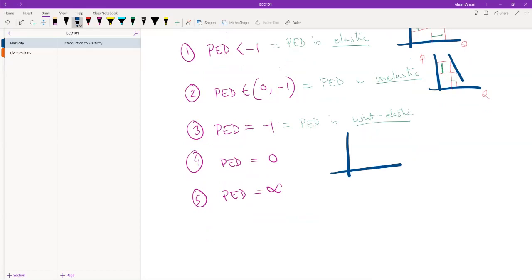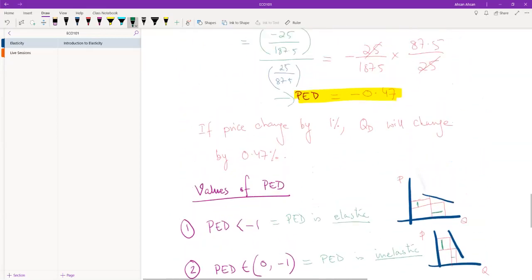Before I draw the diagram, let's talk about this. What does PED equal to 0 mean? To define this, it means that a change in price has no effect on quantity demanded.